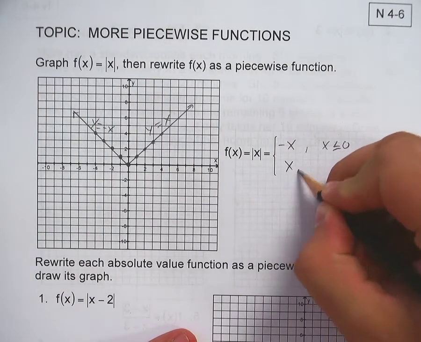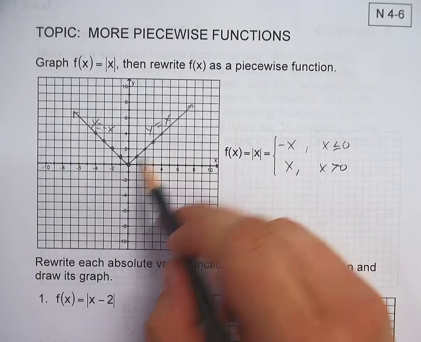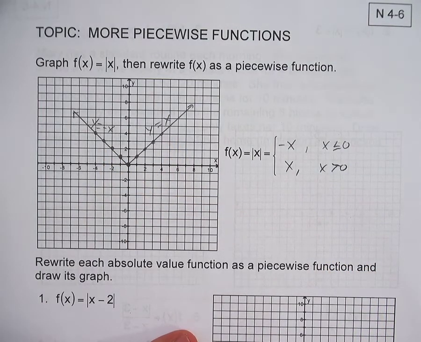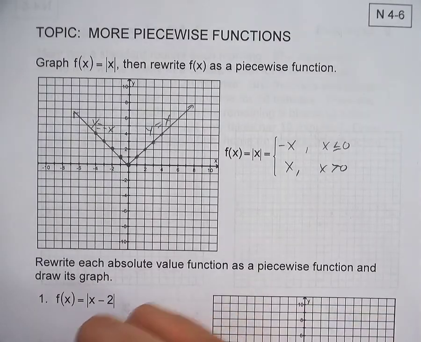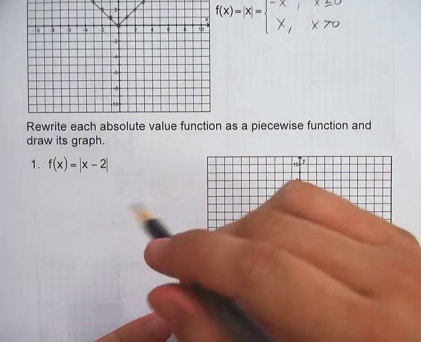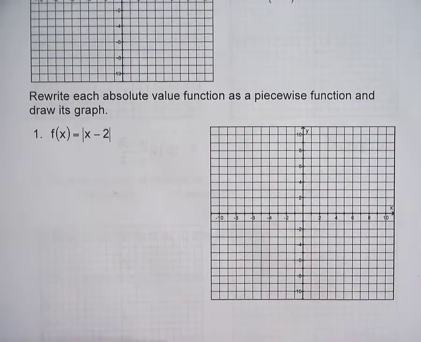And it could be positive x, where x is greater than 0. So to the right of 0, it's positive x. To the left of 0, it's negative x. And that's one of the applications. And that could be for any piecewise function. Any absolute value function could be rewritten as a piecewise, kind of like this guy right here.